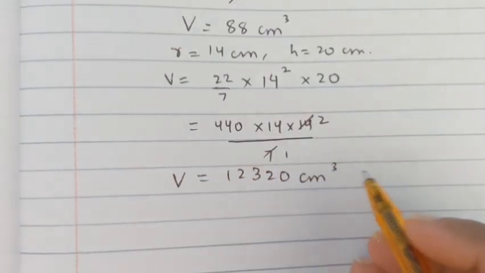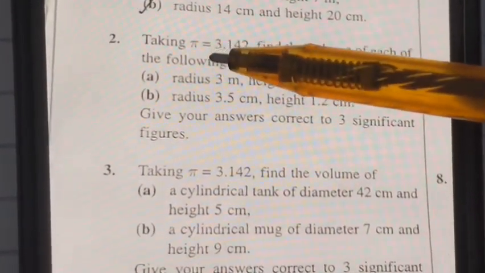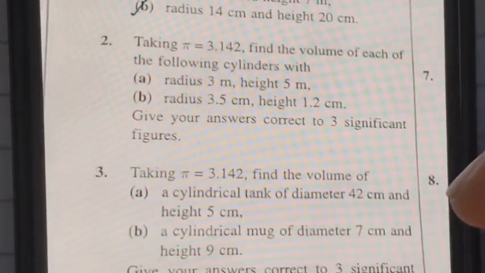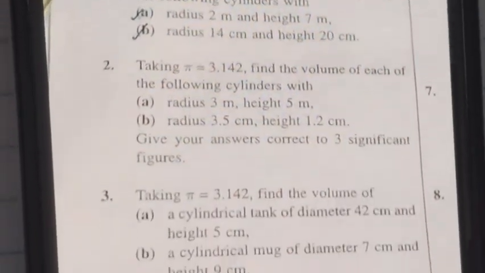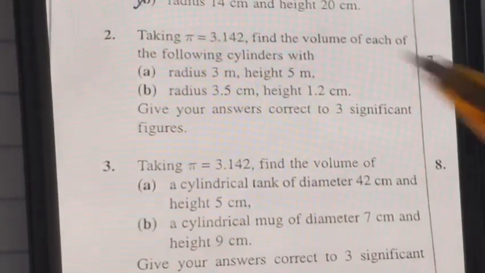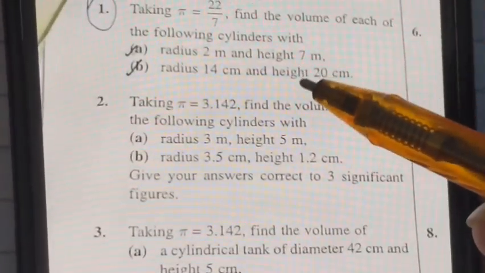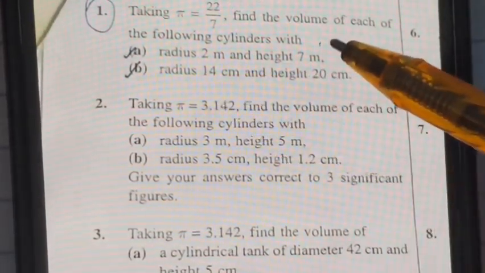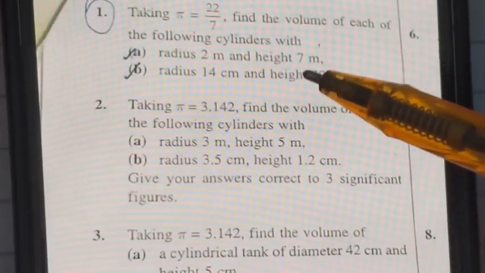Don't forget to put the unit cube, because for volume we use the cube unit. If we talk about the next question, this time we have to take the value of pi as 3.14. Previously we were taking the value of pi as 22/7, but now we will take it in decimal. Why? Because previously the radius or the height was a multiple of 7, so we were taking the value 22/7 because it crossed out 7.